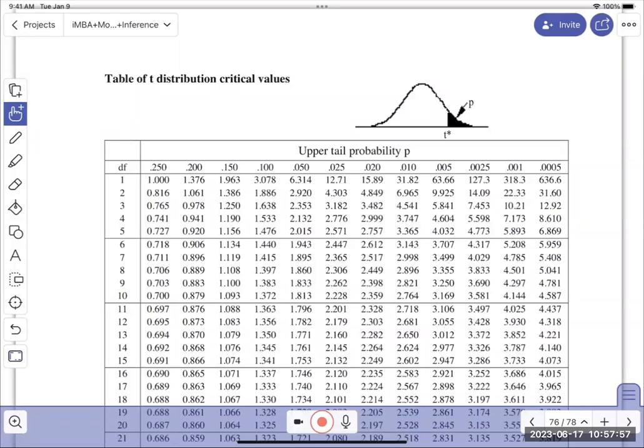Tell me, what's the difference between T and Z? Let's make this a little more interactive.